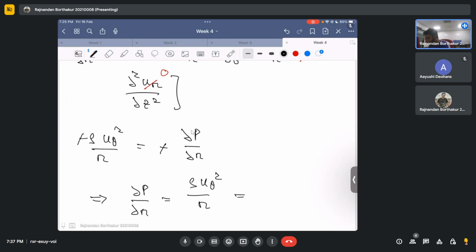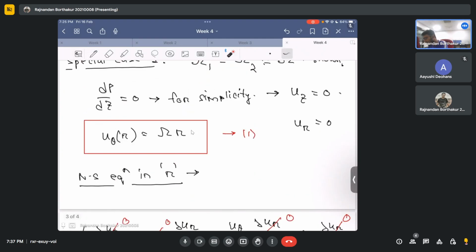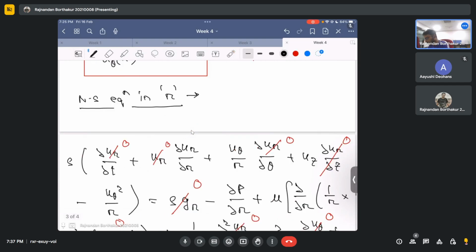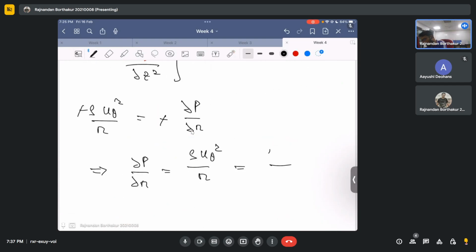And as we know, u theta is basically omega times r. So u theta squared would be omega squared r squared, and we get rho times omega squared r squared by r.